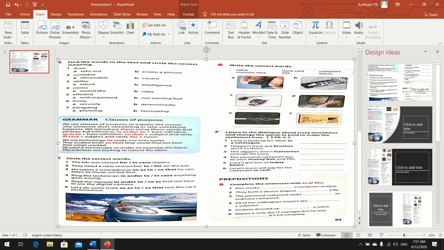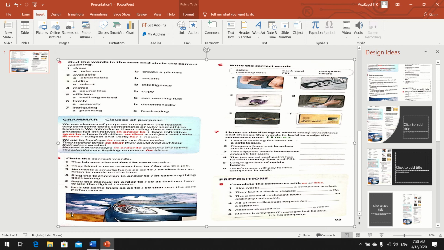So the answers for the fourth question, page number 93, are A, A, A, B, A, B, B. Take out, obtainable, talent, copy, well organized, determinedly, fascinating. So this is about the fourth question.